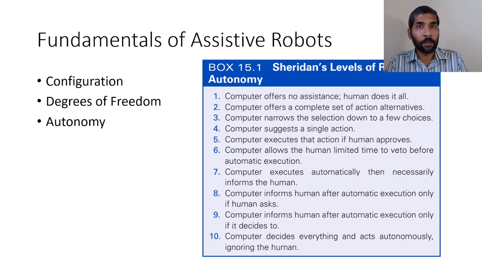We also need to think about autonomy of assistive robots, right? So you can have robots which are basically human powered, and are completely under the control of humans. So on the one hand, you could have robots where the computer offers no assistance and the human does it all.